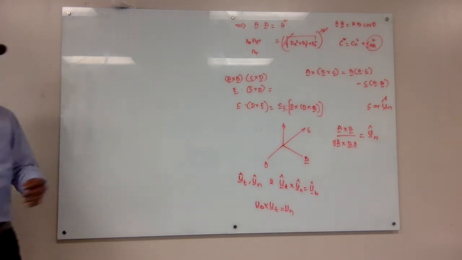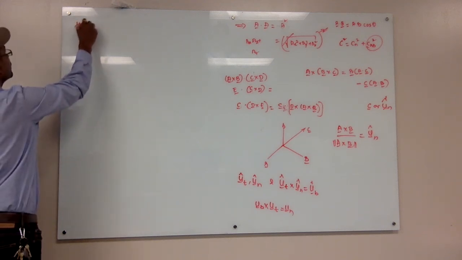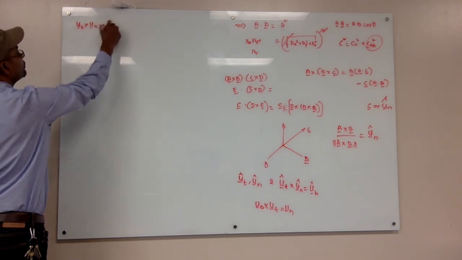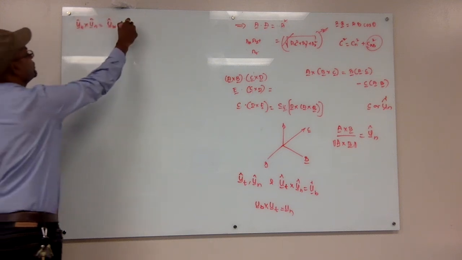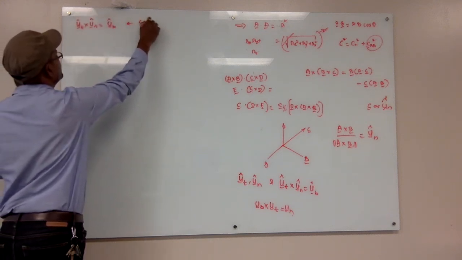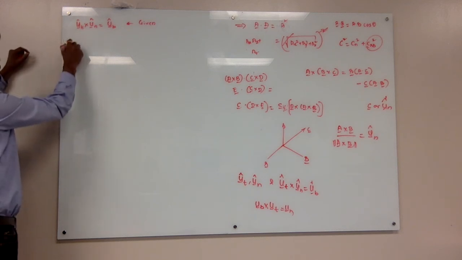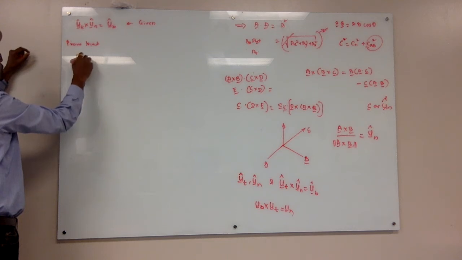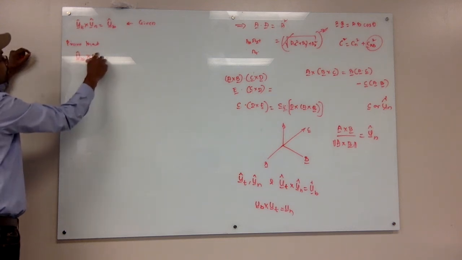So here, look at that. You're given UT crossed UN is equal to UB, right? This is given, and you're required to prove that UB cross UT is equal to UN.